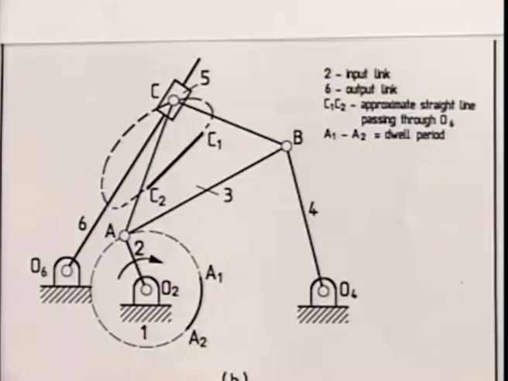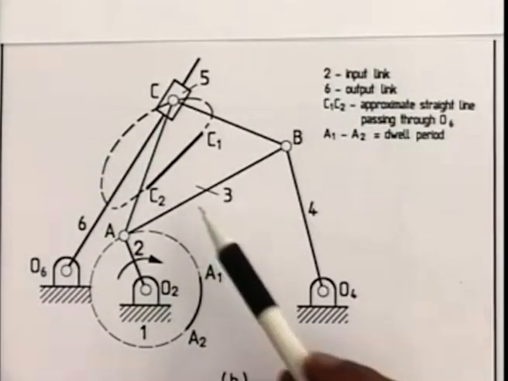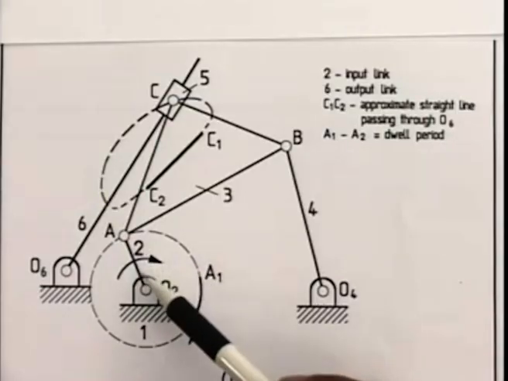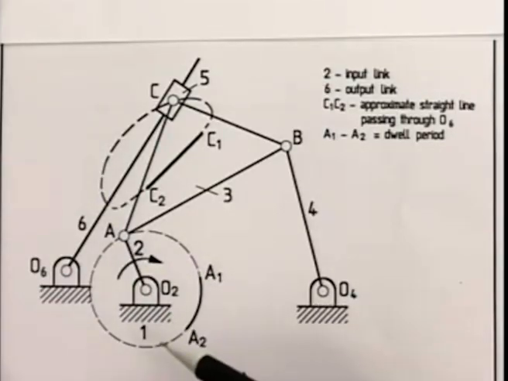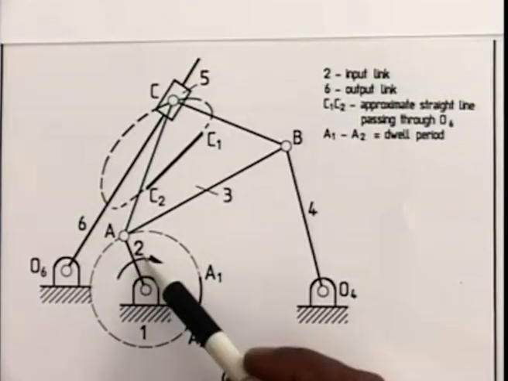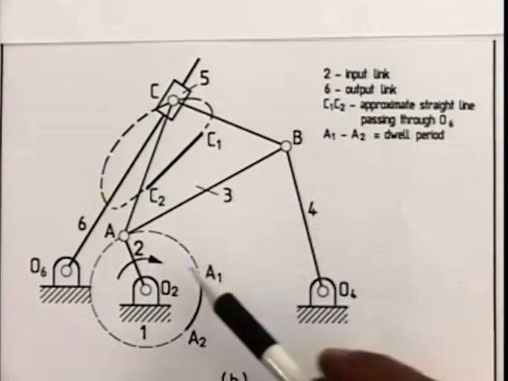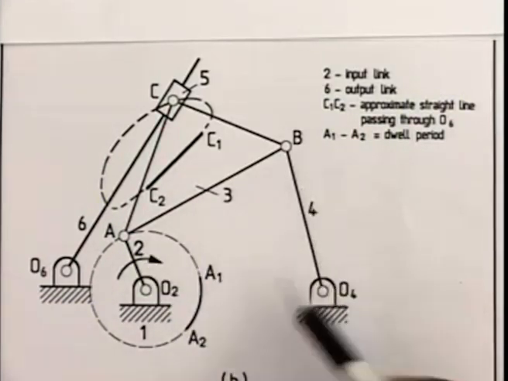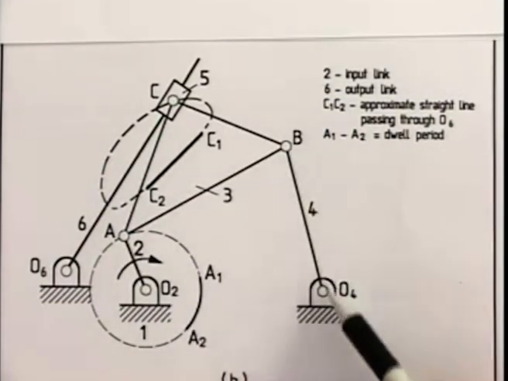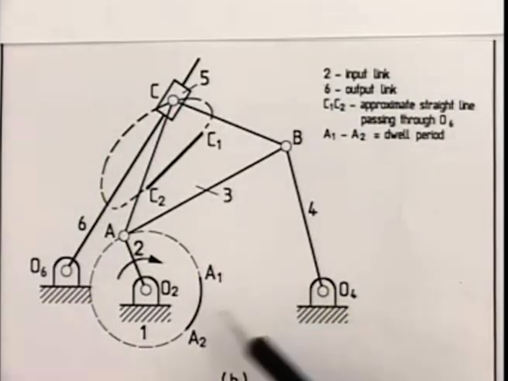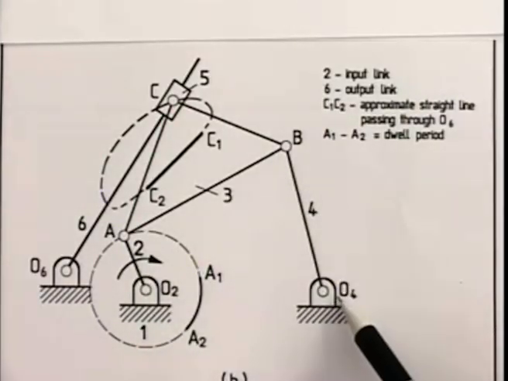To explain the approximate dwell link mechanism, let us look at this figure. This is the kinematic sketch of a 6-link mechanism consisting of the fixed link, link 1, link 2, link 3, link 4. This O2, A, B, O4 constitutes a 4R planar mechanism.